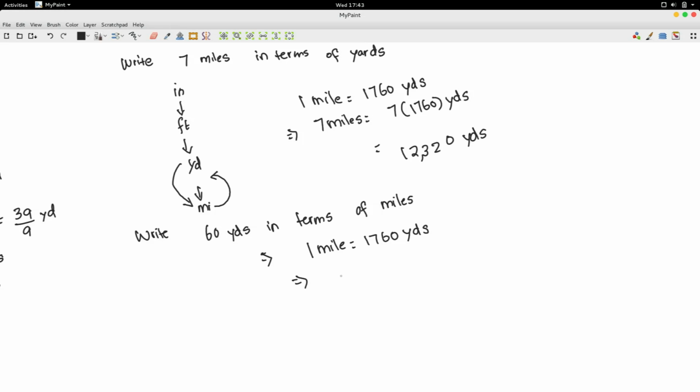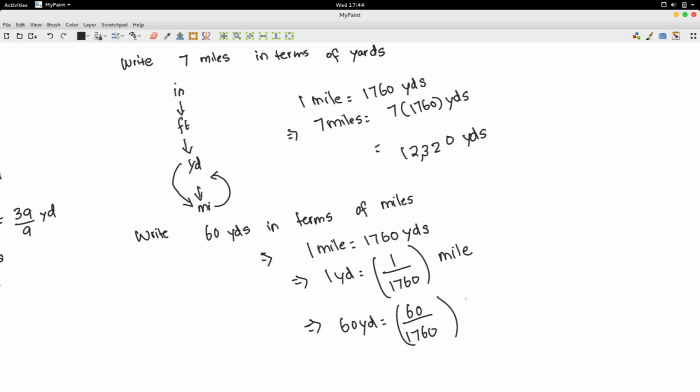This would imply 1 yard equals 1 over 1760 of a mile, which would imply 60 yards would be equal to 60 over 1760 of a mile. We are multiplying both sides by 60. That would give us 3 over, I believe it is 88 of a mile.